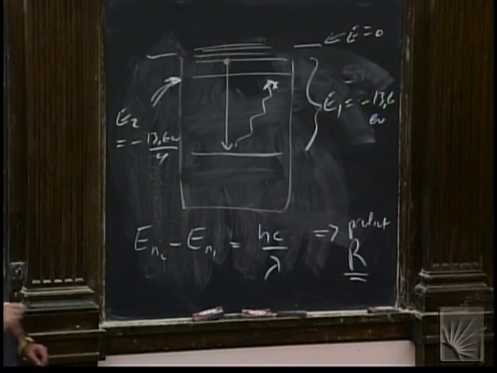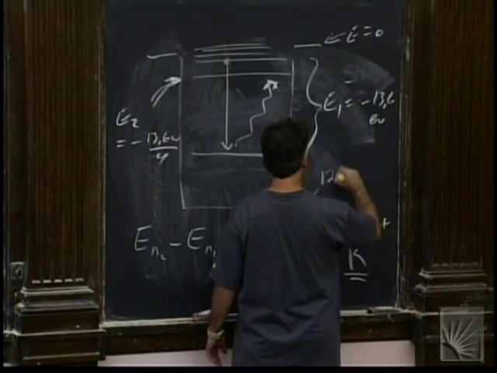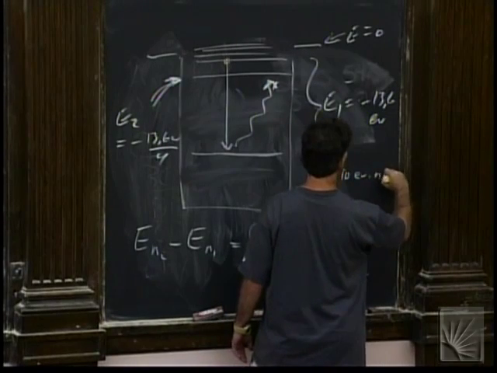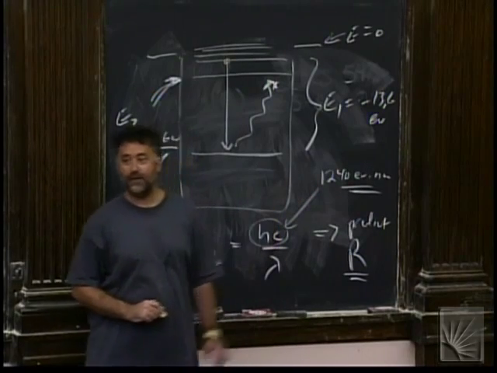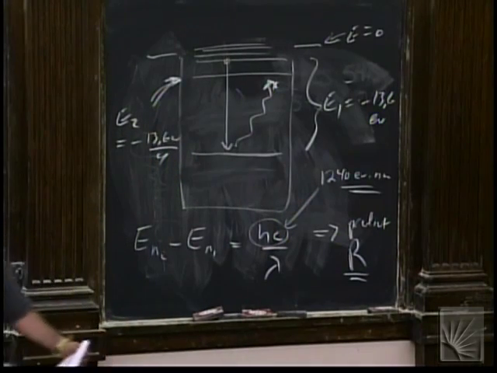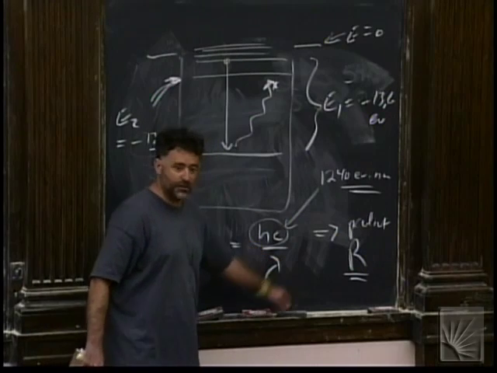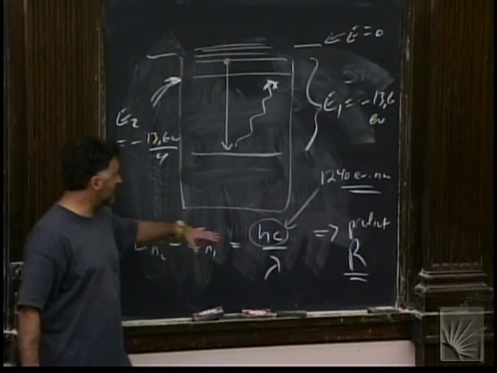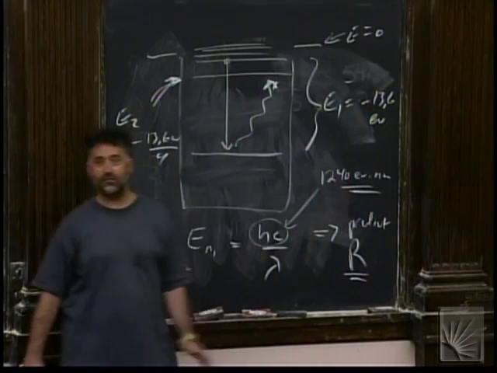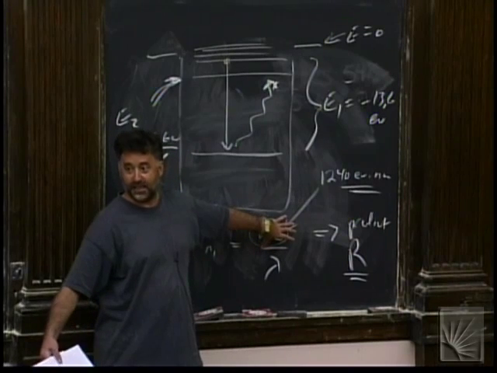Oh, one other thing about hc, since I briefly got on that. I believe that's 1240 electron volt nanometers. When you're doing atomic physics, that's a very useful number to remember because it comes up over and over again. Instead of going through joules, because usually these wavelengths will be in nanometers and these energies are going to be in electron volts, it's a lot easier to have this constant, which might not be given.